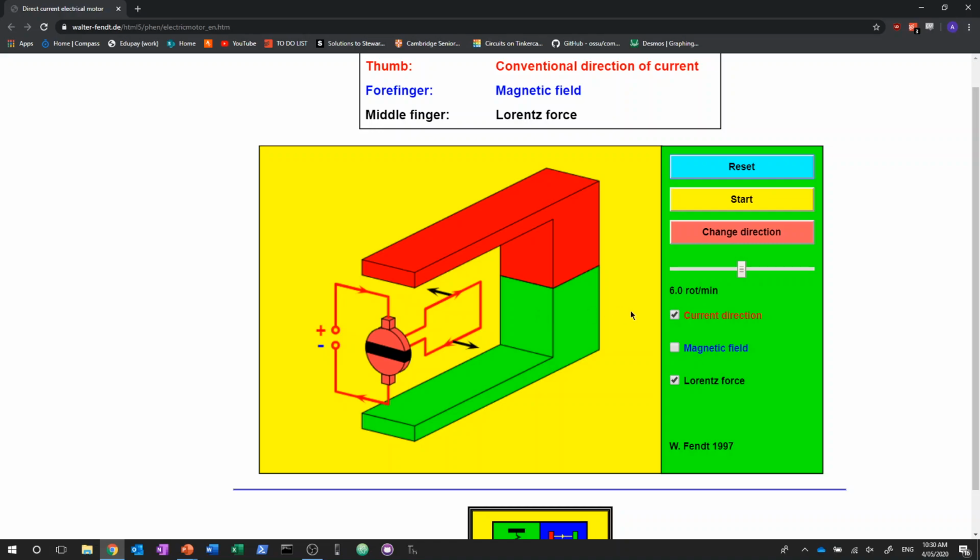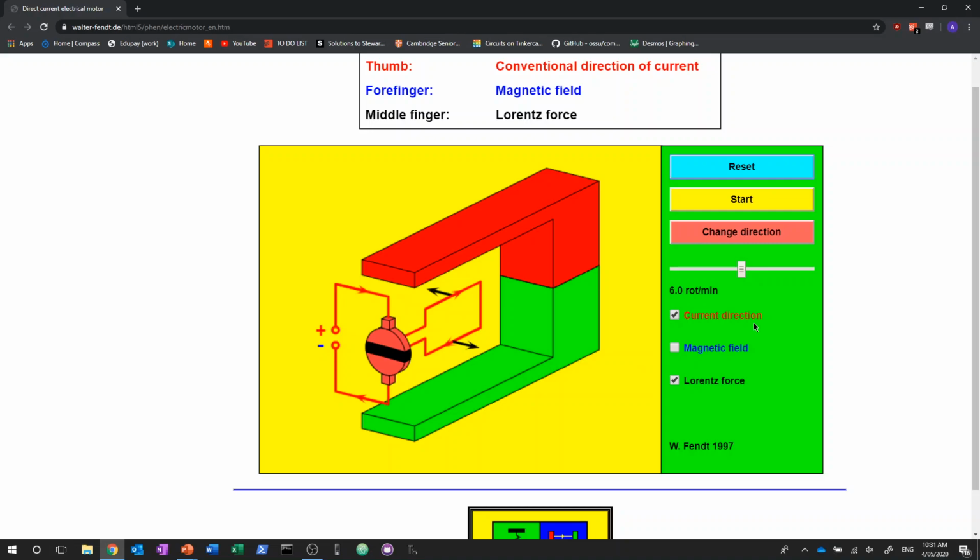Now, if you use your slap rule, just remember the field lines are downwards. You should be able to figure out that the force on this top side is going to be to the left. Because this current is always going to be perfectly perpendicular to the field lines coming out of these magnets, it will always be pointing to the left.